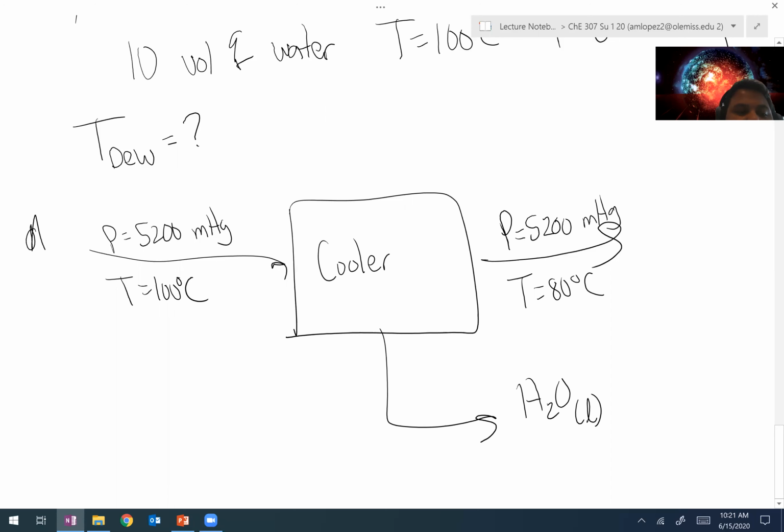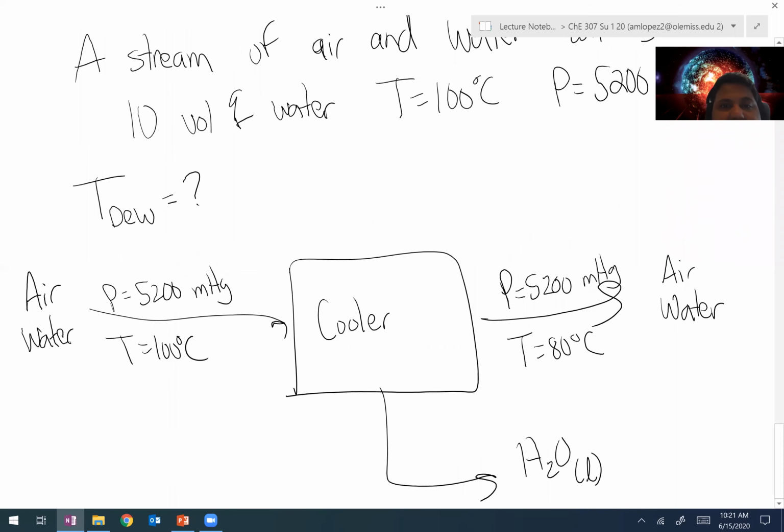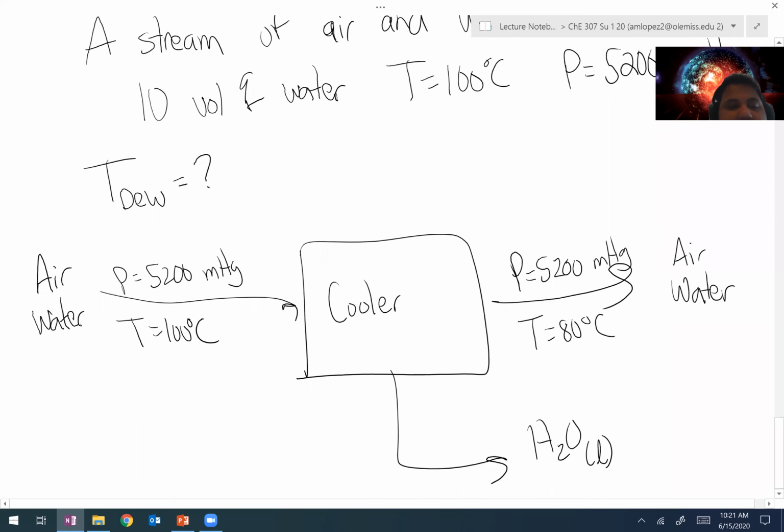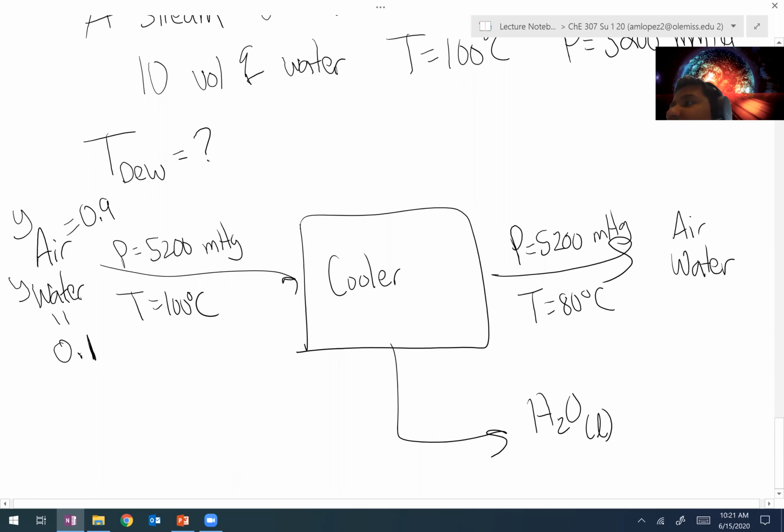Because we have air and water in the vapor phase, and then air and water in the liquid phase, right? So it's operating as a form of dehumidifier. And we have 10 volume percent of water coming in. So the mole fractions of air and water are 0.9 and 0.1. So then the question is, how do we find the dew point?